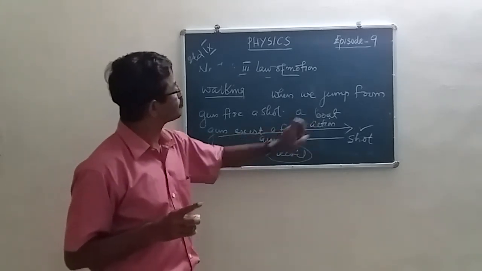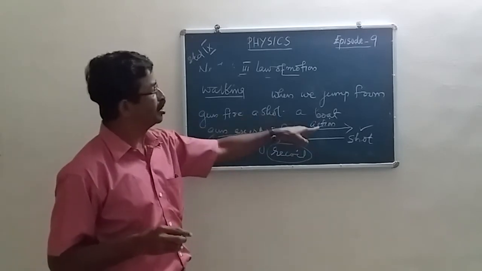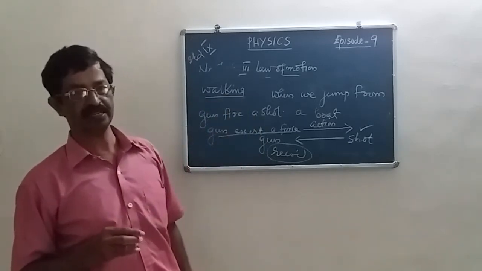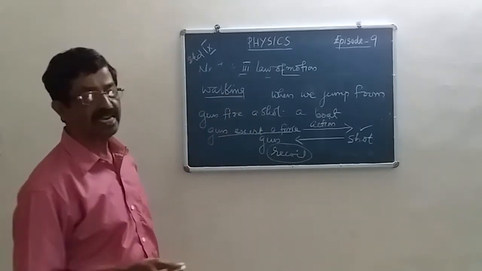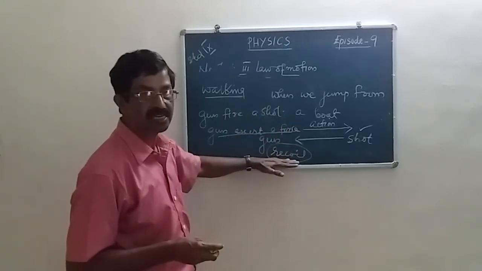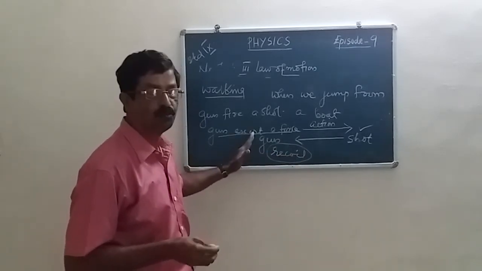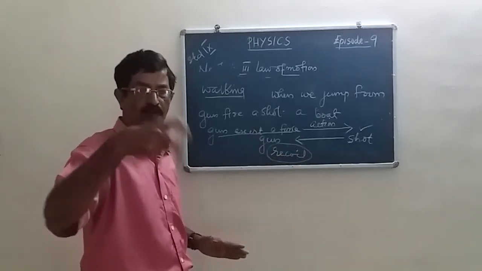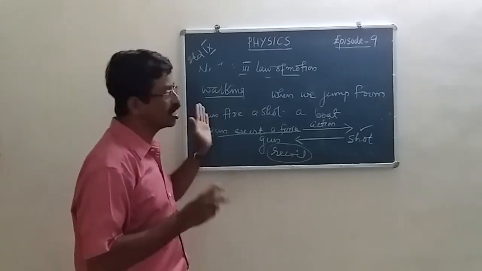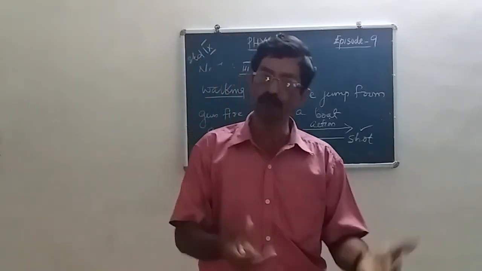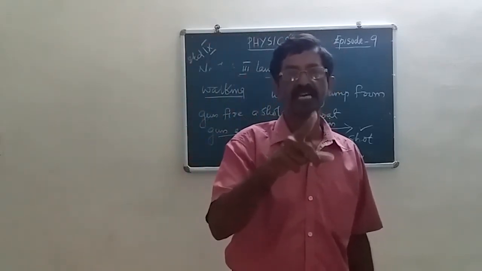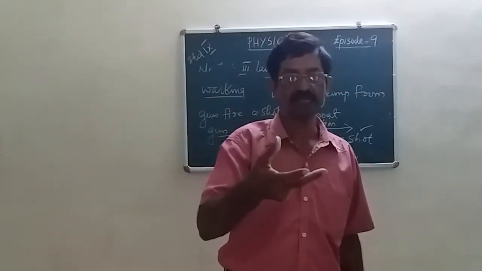Here the velocity of the shot is very high, that means it is accelerating at a high rate. But here you see the gun is moving backward with a very small velocity. Action and reaction are equal and opposite, so why are they not accelerating at the same rate?